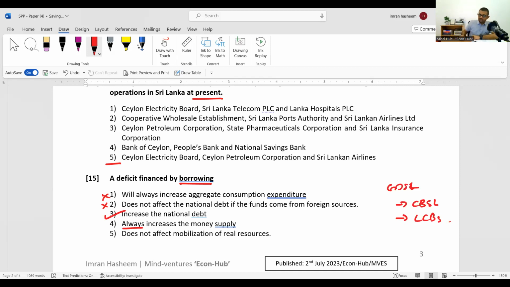Does not affect, does affect, because there will be crowding out effects, investments will decrease, private sector will get discouraged, interest rates will increase, domestic interest rates will increase, private sector will find it difficult to find the money to actually invest in the economy and engage in economic activities.